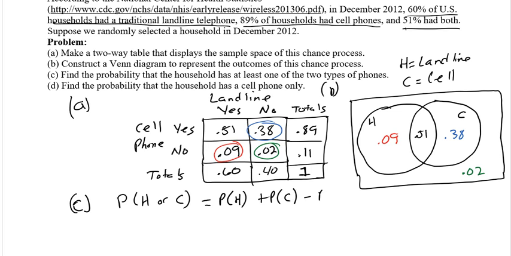The probability that they have a cell phone is 0.89. And the probability that they have both is 0.51. So we add those up, we get 0.6 plus 0.89 minus 0.51 is 0.98. So 98% of people have either a landline or a cell phone.